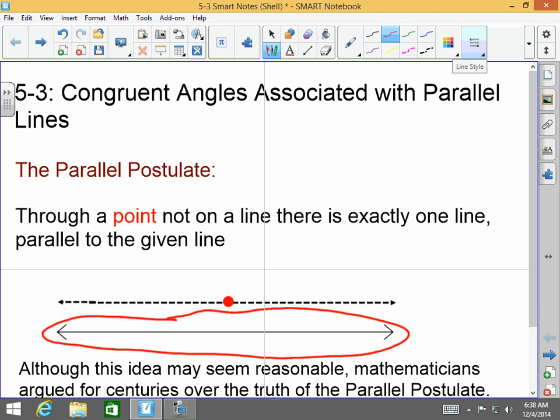So if I have a point here, there is definitely a line that is parallel. That's very important.